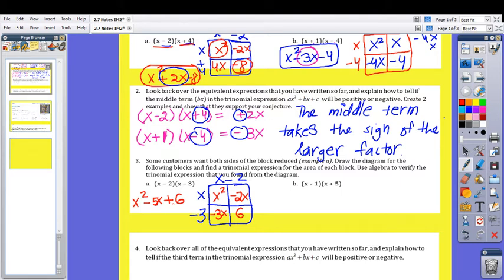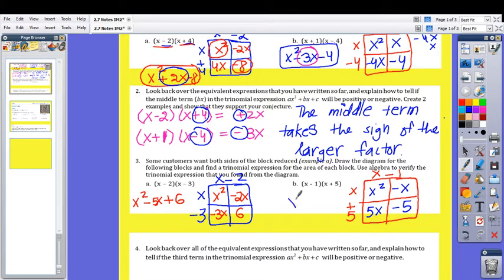Okay, so here we are. Let's do the next one, and here we have x take away 1, x plus 5, and then that will be x squared, negative x, 5x, 5 times 1 is 5, but negative times positive will be negative, so take away 5.